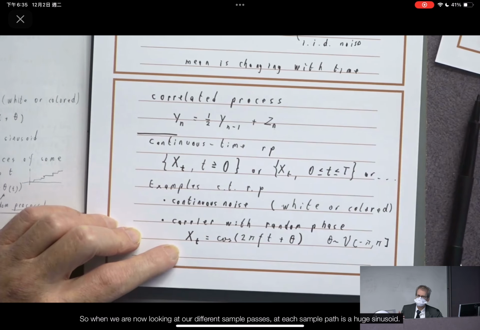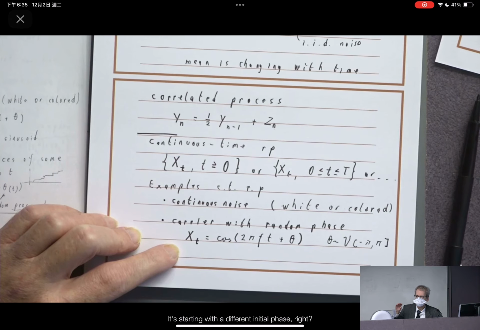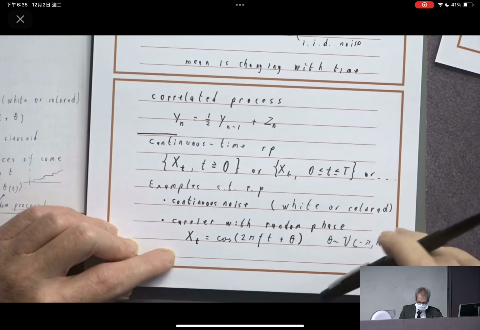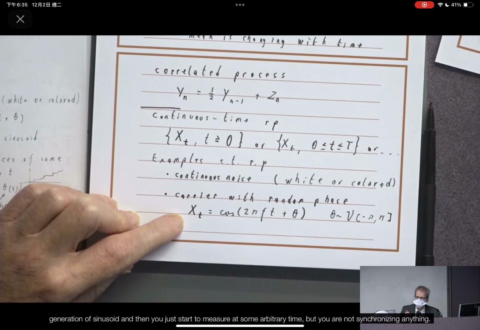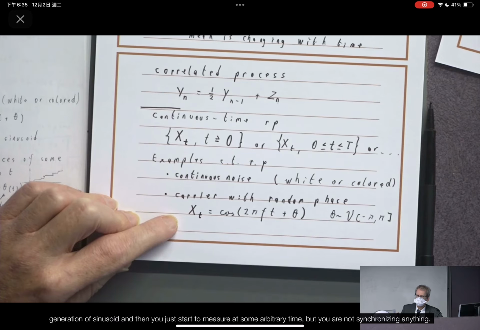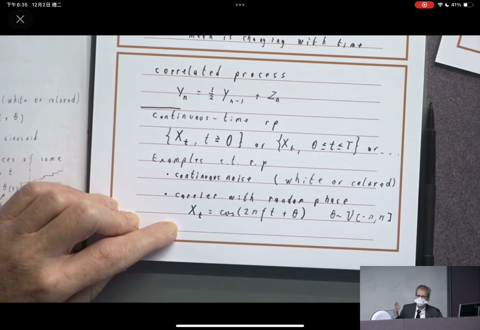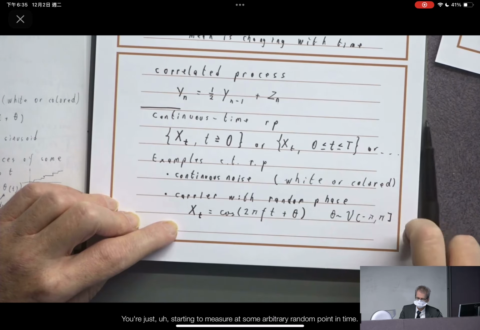When we're looking at our different sample paths, each sample path is a pure sinusoid, starting with a different initial phase. But once we've started, it's a pure sinusoid. There are no distortions on it. That can happen, for example, if you have a really clean generation of a sinusoid, and then you just start to measure at some arbitrary time. You're not synchronizing anything. You're just starting to measure at some arbitrary random point in time.